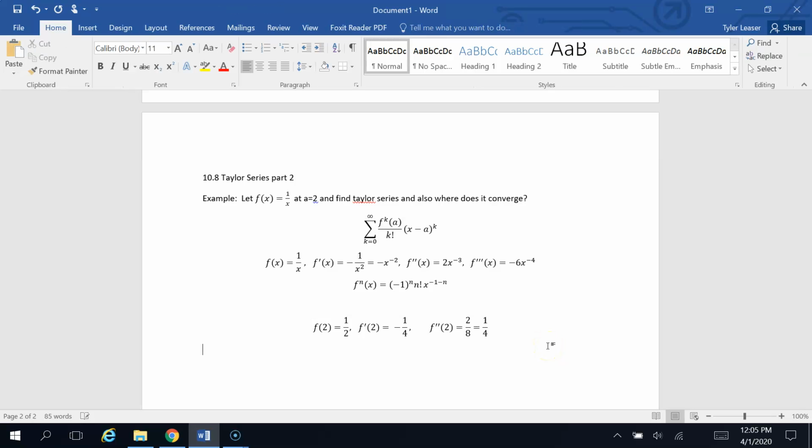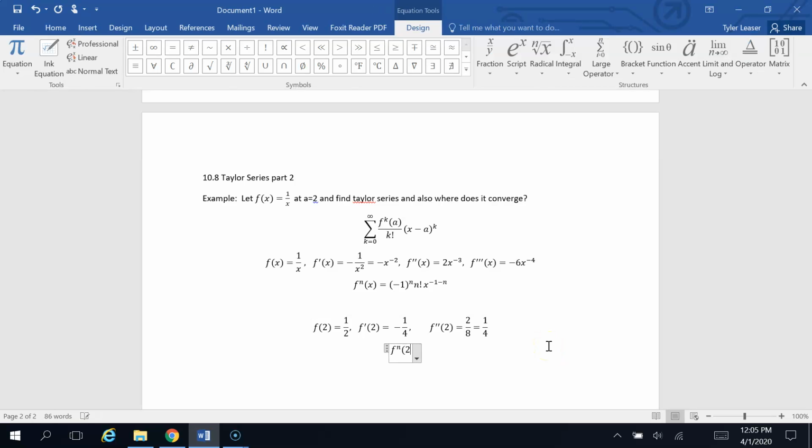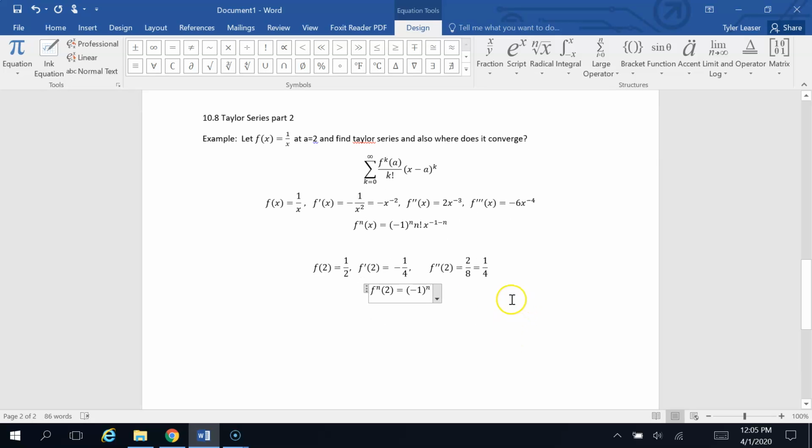Okay, so let's plug 2 into the nth derivative. We're going to get this negative 1 to the n. Again, this just decides if it's positive or negative, and we don't know what that's going to be because we don't know which derivative we're taking necessarily, just that it alternates. The even derivatives are going to be positive, the odd derivatives are going to be negative. We're going to have that n factorial out in front as well, and again, that just depends on whatever the n is at the time.